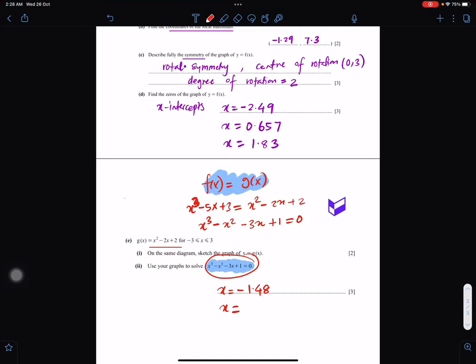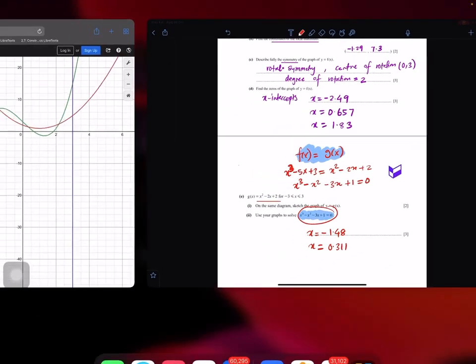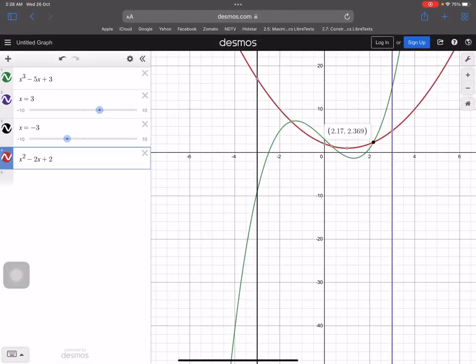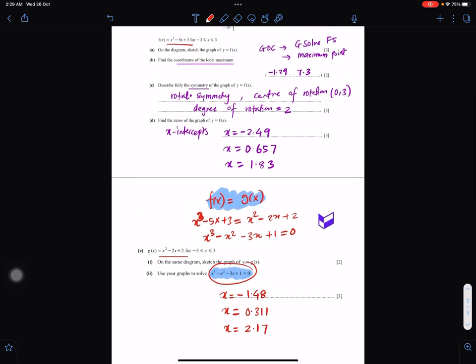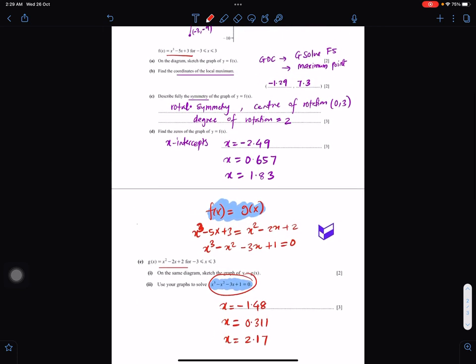And one more intersection point is when x is equal to 2.17. So these are the 3 intersection points for 3 marks. This is it. We have completed this 15 marker.